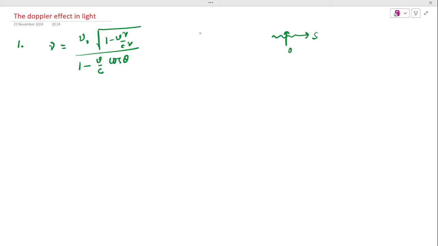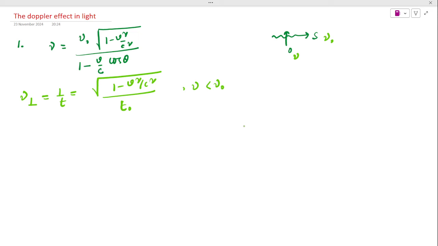And for the perpendicular direction, this special case, it would become ν perpendicular equals 1 by T, equals root over 1 minus v²/c² divided by T₀, where ν is less than ν₀, ν is the observed frequency and ν₀ the source frequency.